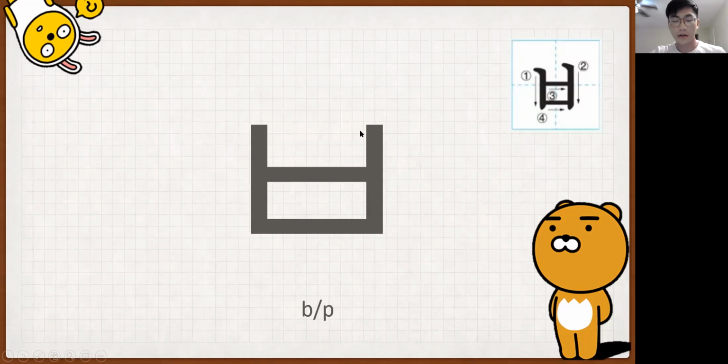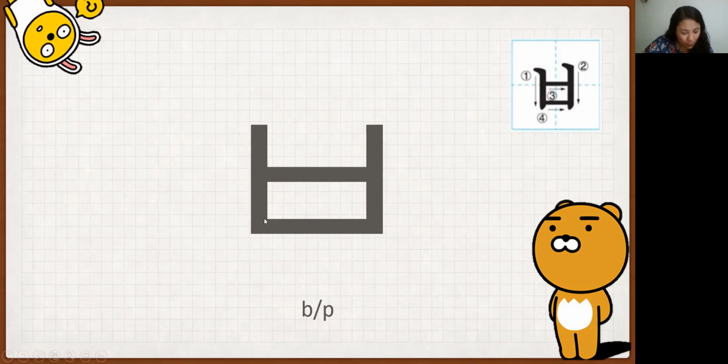Okay, this one is called piup. Initially it will make a B sound. But the final sound it will make, if it's on the bottom, the 받침, is a P sound, like a P. So initially it will make the B sound, but in the final position it will be P. Okay.